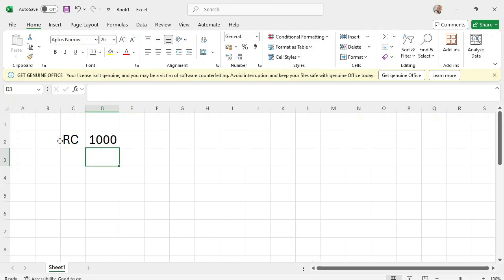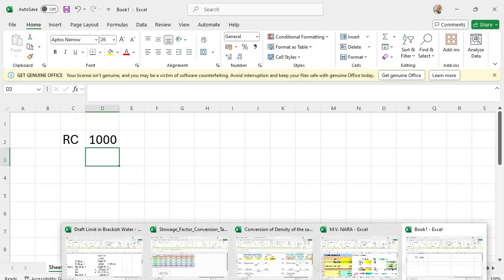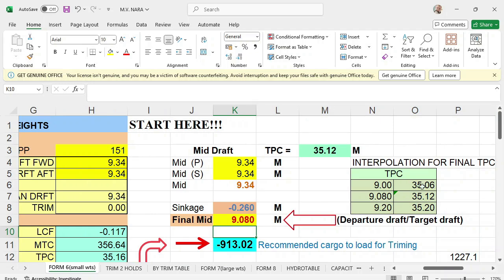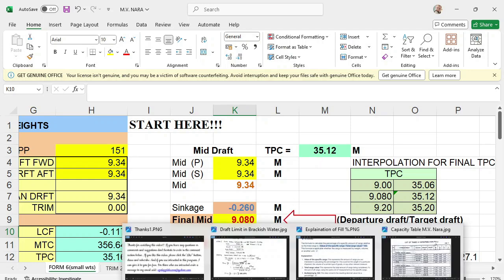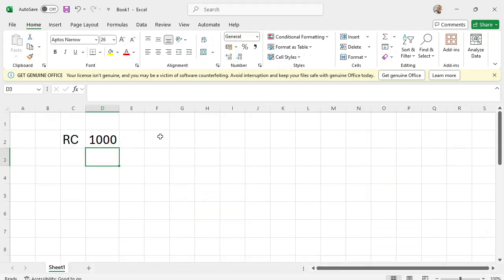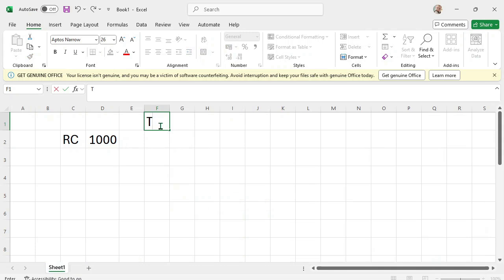And take note of the TPC of your departure draft. TPC of this one is 35.12. It is already interpolated, which is 35.12. Okay, that is TPC. TPC is 35.12.